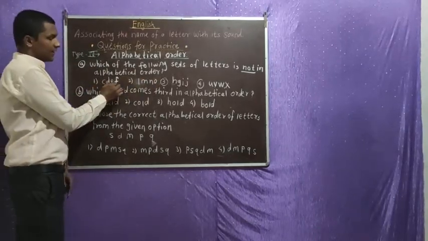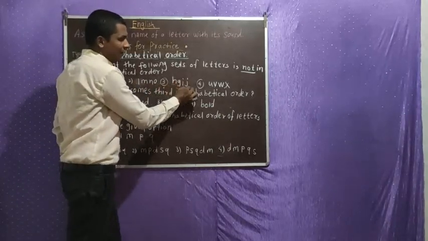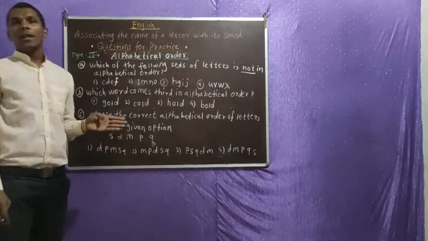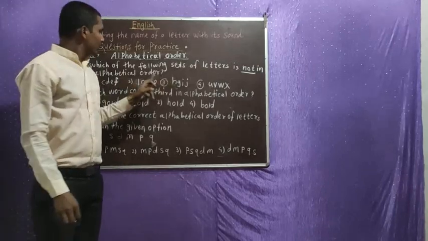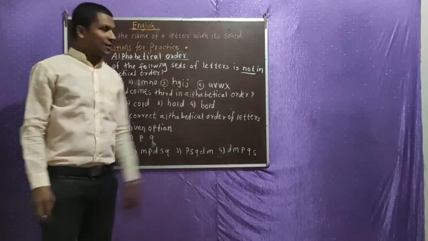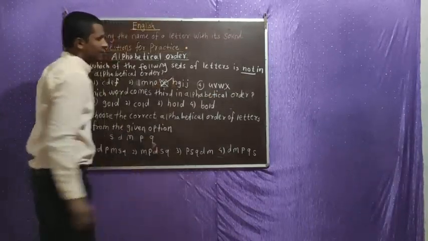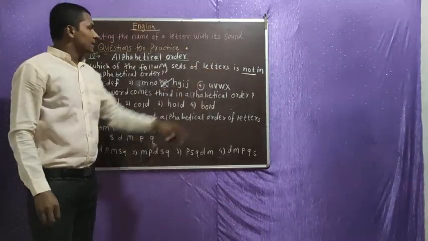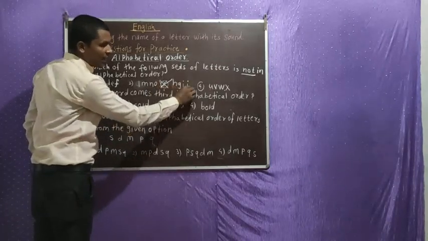First is C, D, E, F. Second is L, M, N, O. Third option is H, G, I, J. Fourth option is U, V, W, X. If you start reading from A to Z, you will see C, D, E, F is in sequence, L, M, N, O is in sequence, U, V, W, X is in sequence, but H, G, I, J is not in sequence. So your answer is third, H, G, I, J.